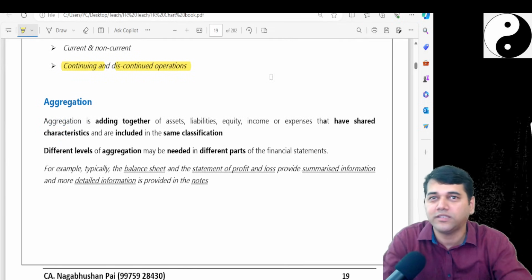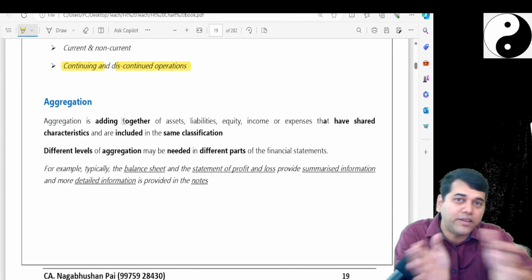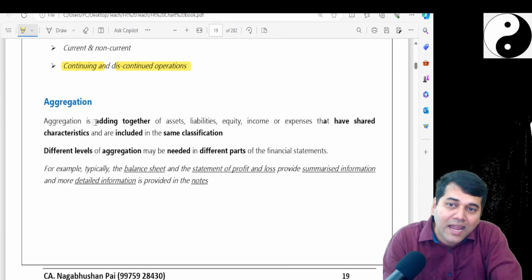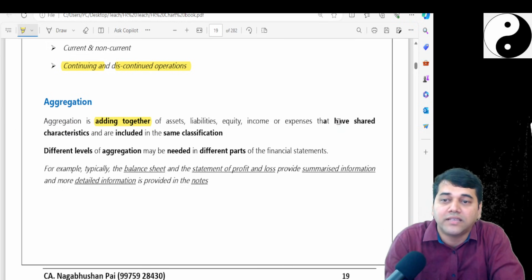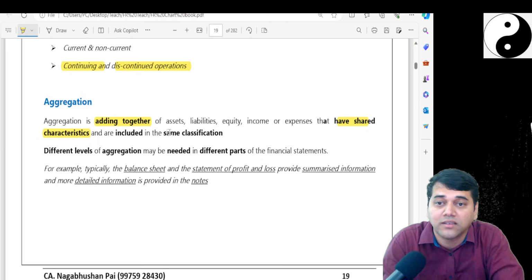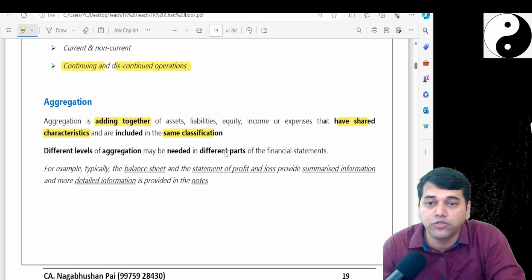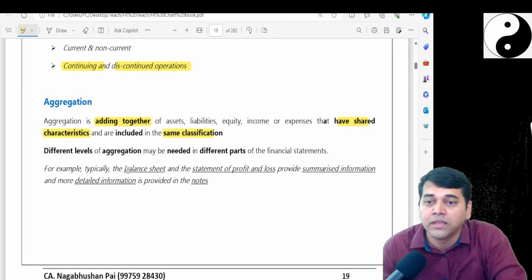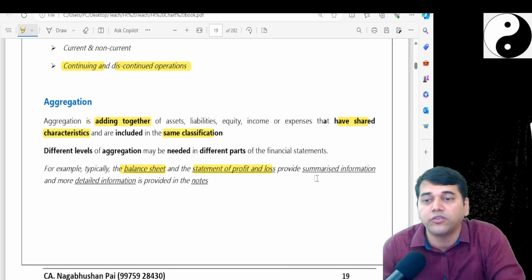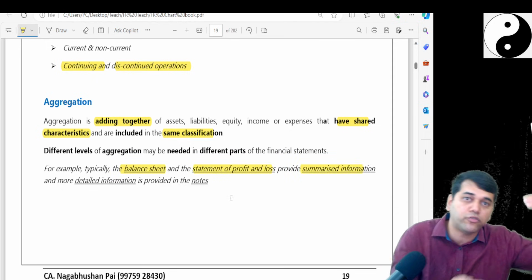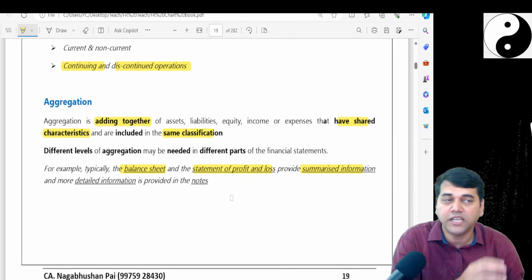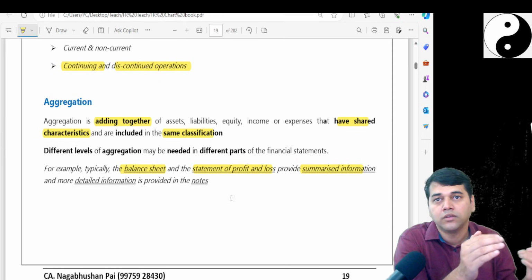Can I join together? Yes, obviously. Just like classifying is breaking, you may add together assets and liabilities that have similar characteristics and include them in the same classification. So different levels of aggregation may be used in different parts. For example, the balance sheet and statement of profit and loss give the summarized information only. In notes to accounts, you give the breakup. Aggregation means rather than giving 4, you club it.